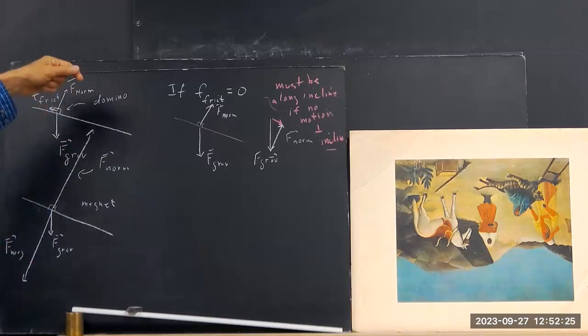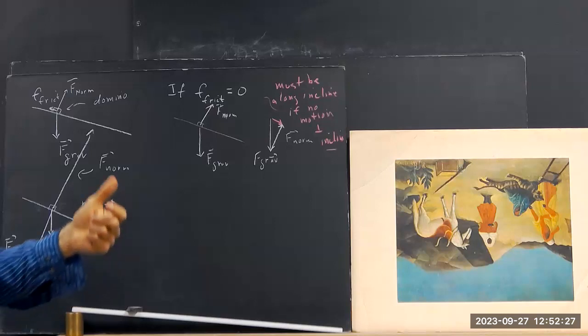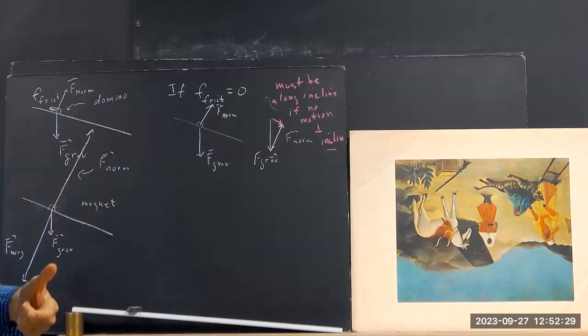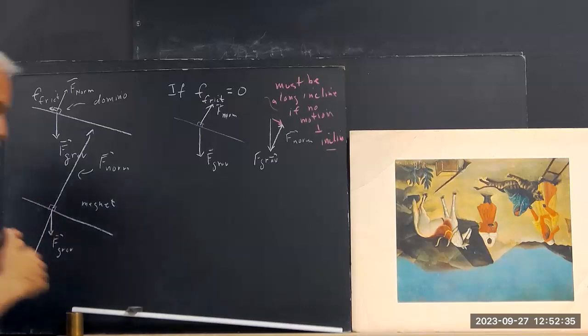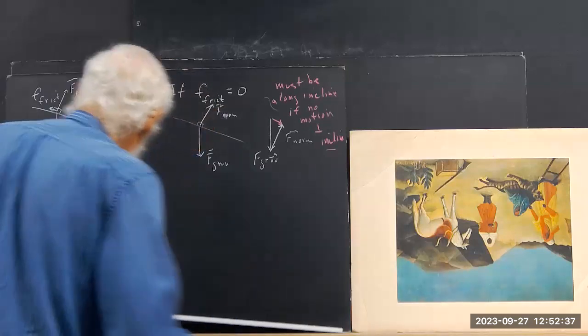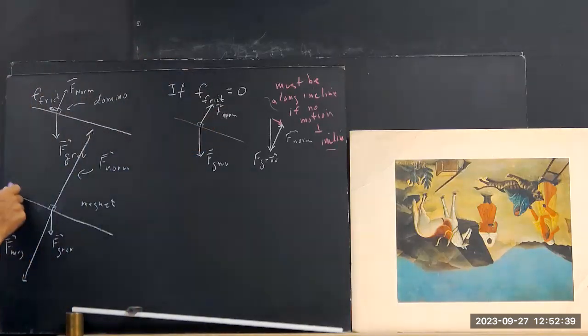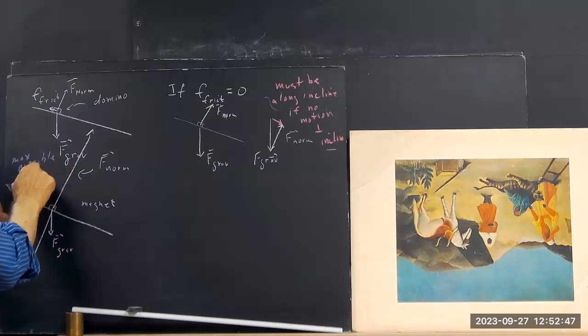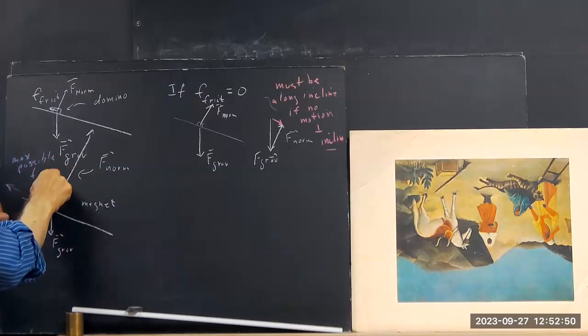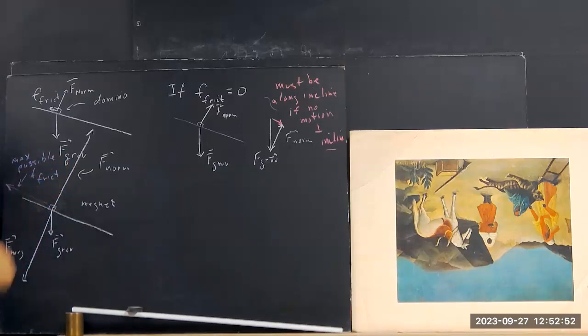And since you've got a big normal force, and frictional force is proportional to normal force, you could have a frictional force this big. That would be your maximum possible force of friction.